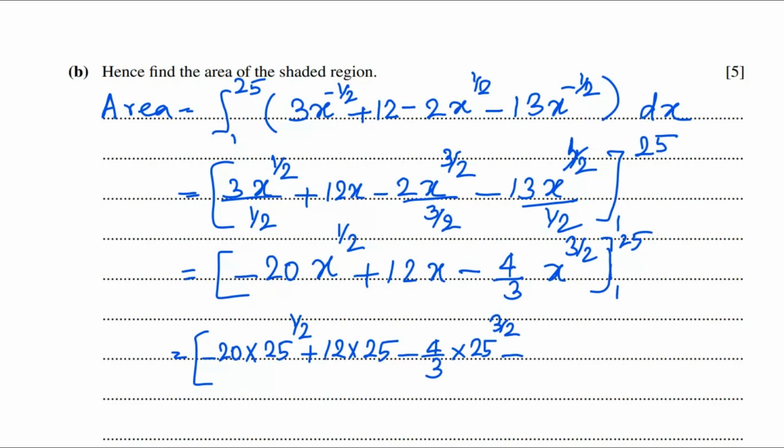Minus into minus is plus: 20 times 1 power 1 over 2 minus 12 times 1 minus 4 over 3 times 1 power 3 over 2.